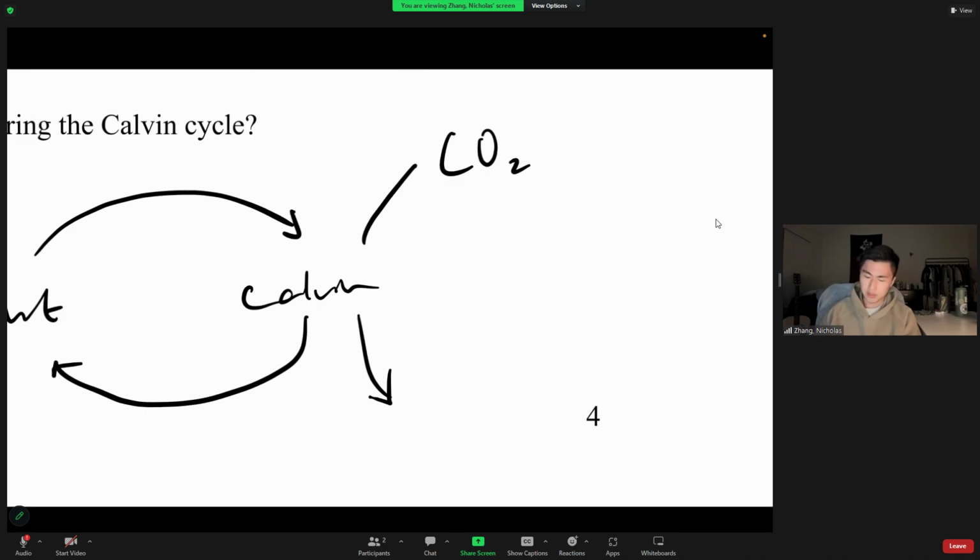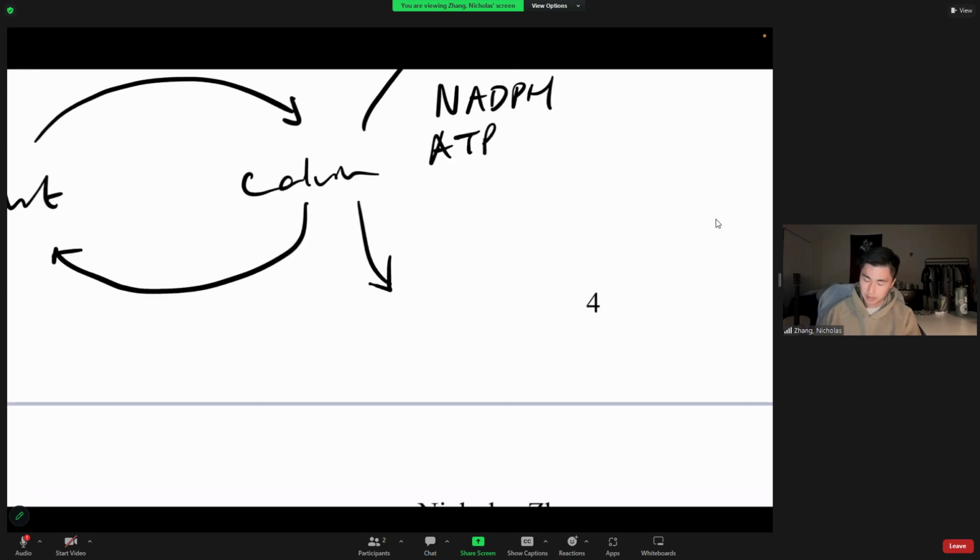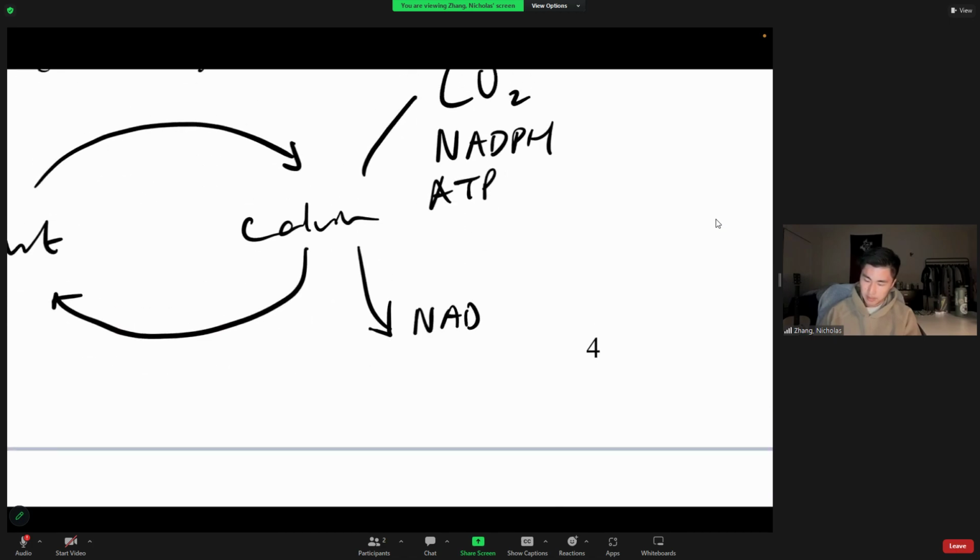Yeah, because CO2 is fixed. NADPH goes in and also ATP. And what comes out is NADP plus, ADP, and that G3P that goes into the sugar, right?